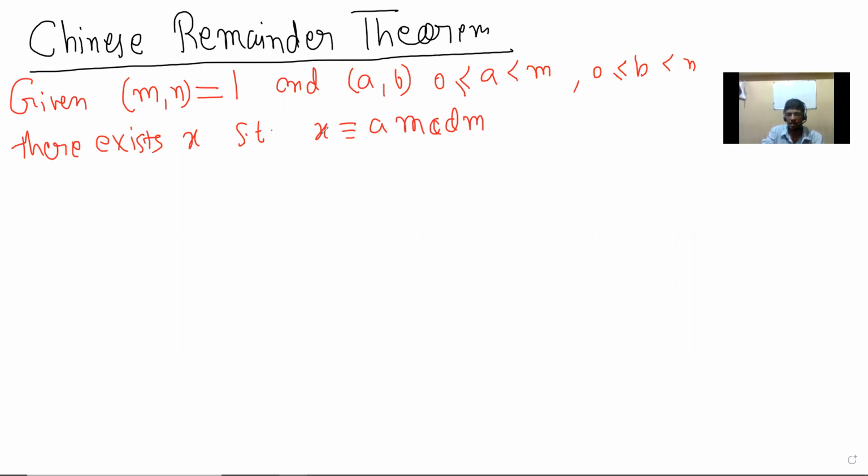We have said this last time, but I'll say it through an example, and then we'll move forward into what more we need to make this computable, to be able to find such numbers, not just know that they exist, such that x leaves a remainder a when divided by m, and the same x leaves a remainder b when divided by n. This was the statement. Everybody agrees with this?